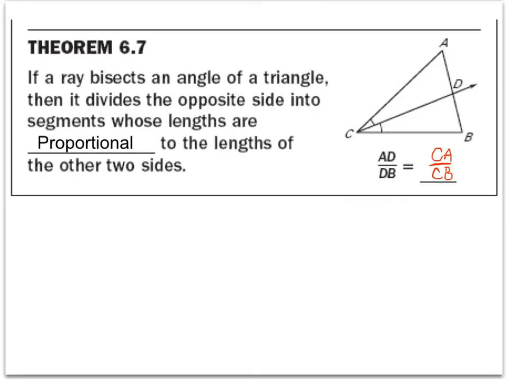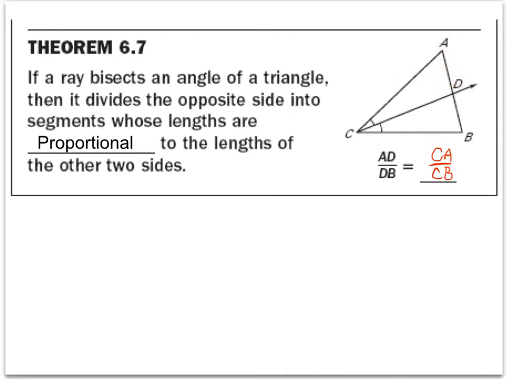The last theorem in this section focuses on an angle bisector. So remember that an angle bisector splits an angle into two congruent pieces. And whenever you have a ray that bisects an angle, splits it in half, then it divides the opposite side, so side AB, into segments whose lengths are proportional to the lengths of the other two sides.